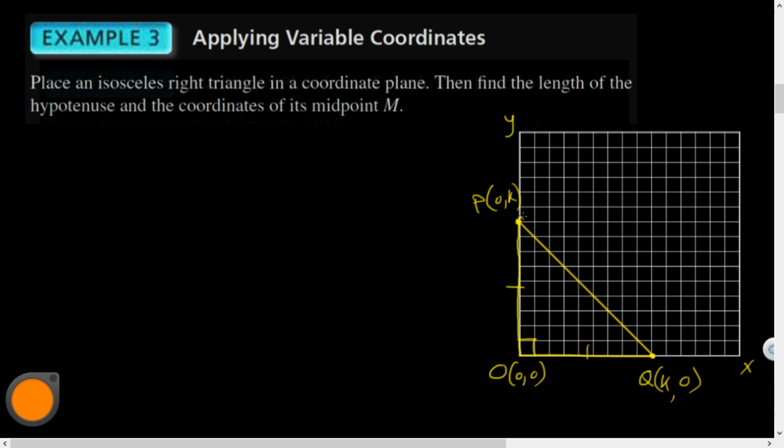So what I'm interested in now is I want to figure out this length, and I'm going to do it generically using those points, and then I'm going to find the midpoint of it, which we'll call point M. So let's label our points x1, y1, and x2, y2.